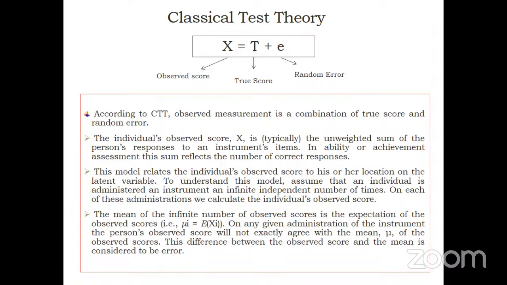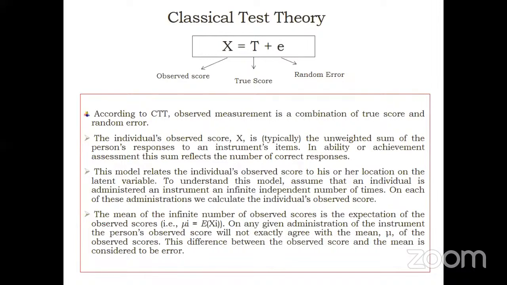Why is it not possible? The person will remember those things and then give the response. Yes. So there will be a lot of confounding variables in that case, right? And after a while, a lot of practice effects will come.